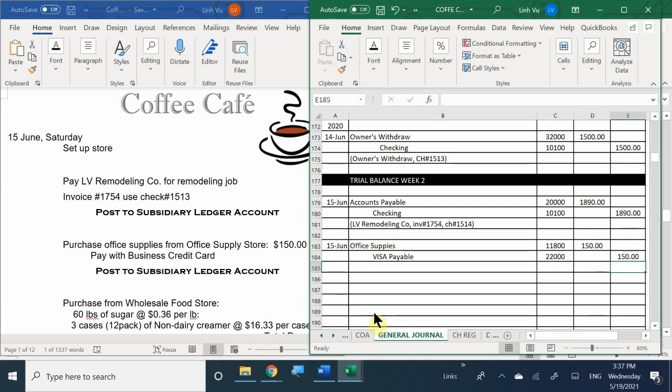Okay. And what else needs to be done here? The notes. What's my notes going to be? Purchase office supply or office supply store. Visa, office supplies, Visa.